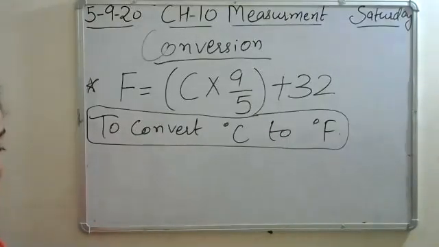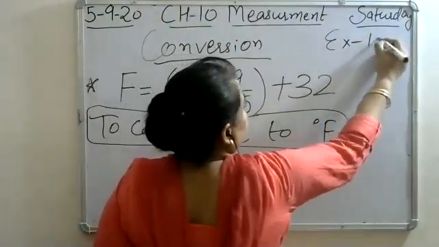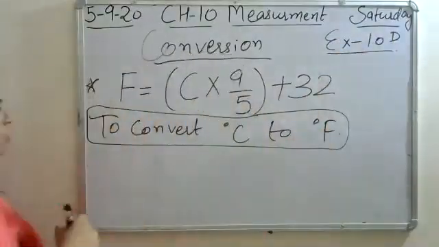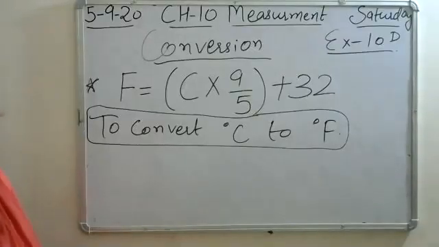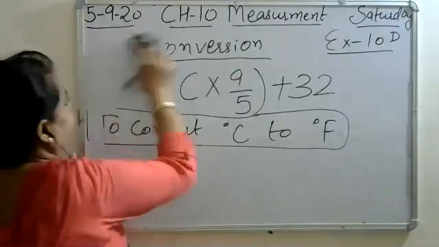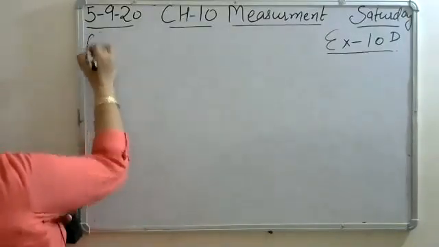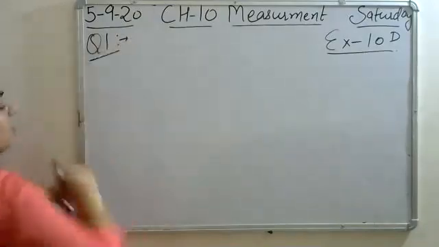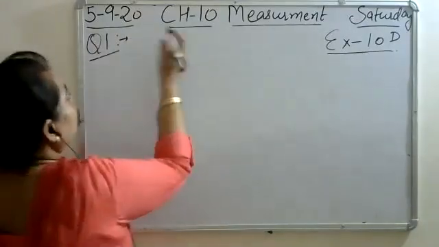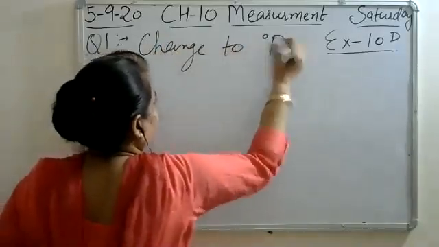Now come to exercise 10D. The first question is based on this formula. Change into Fahrenheit. Celsius is given to you. Question number 1: change to degree Fahrenheit.